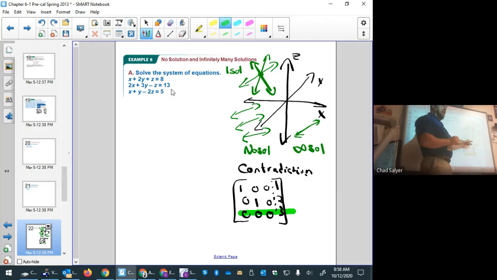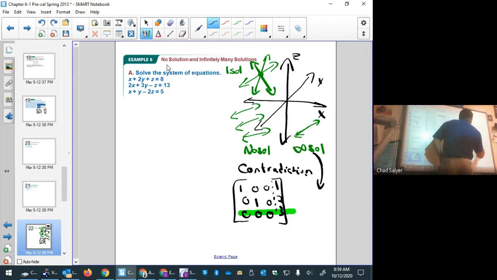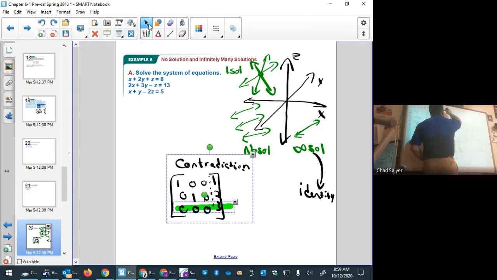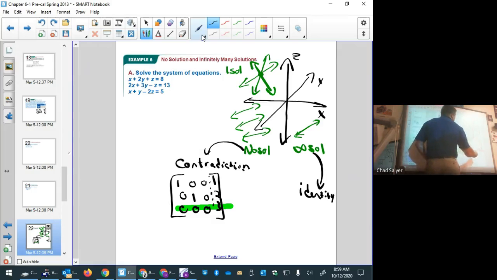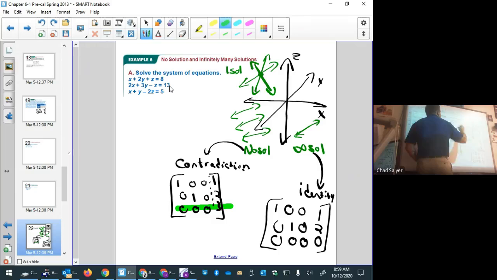So it's a contradiction, meaning the system has no solutions. And then over here, this is going to give you an identity. Let me scoop this over so I'm not confusing you guys. So an identity looks like this. That final row, we're told that 0 equals 0. Well, that's always true. And so we know this is an infinite solution situation.